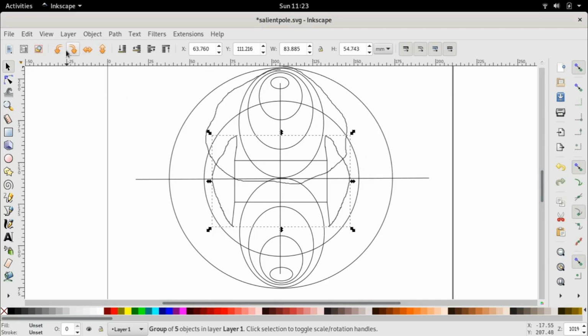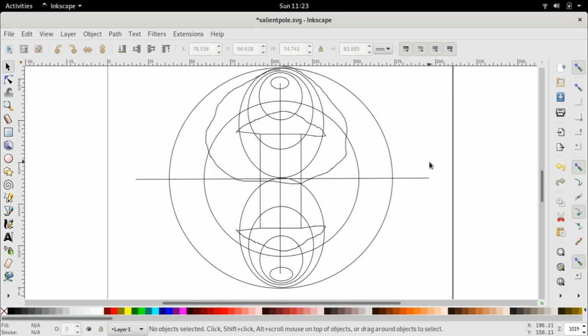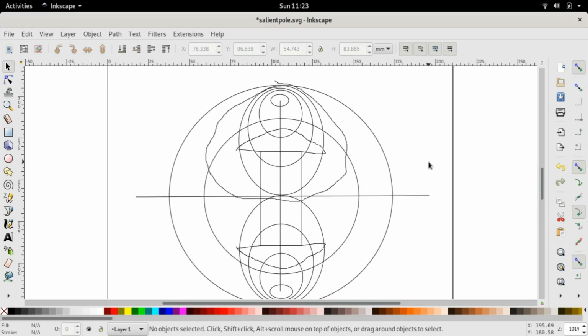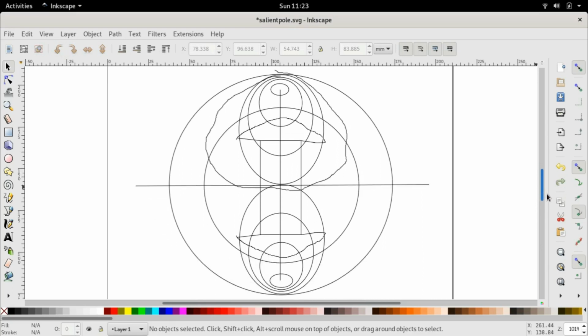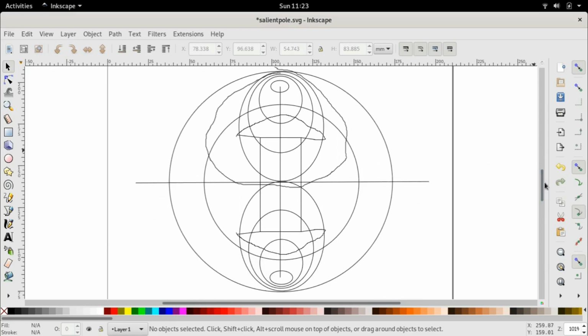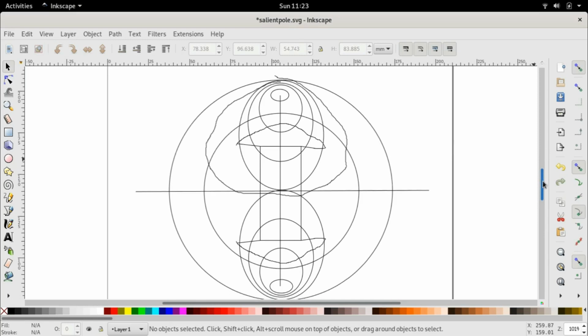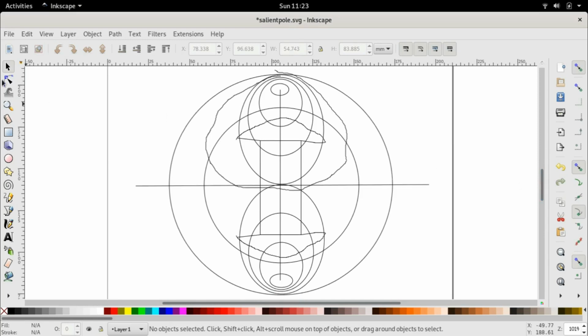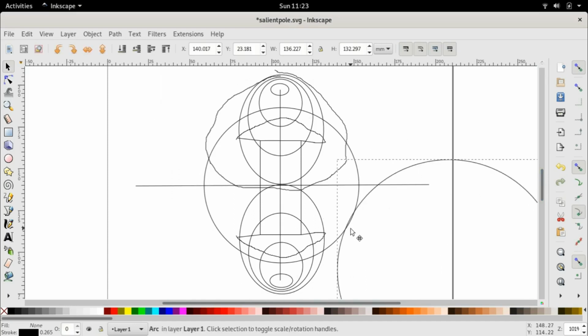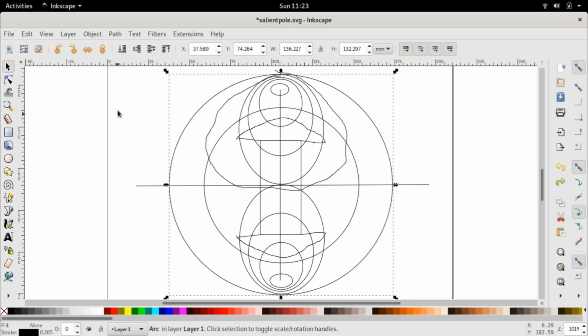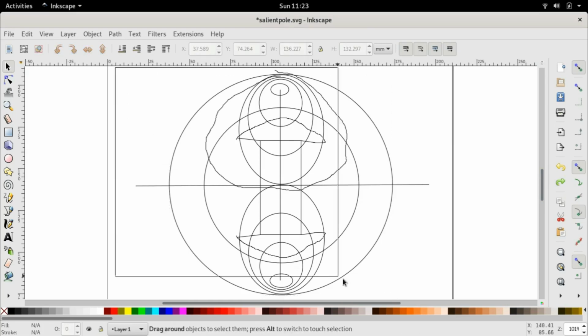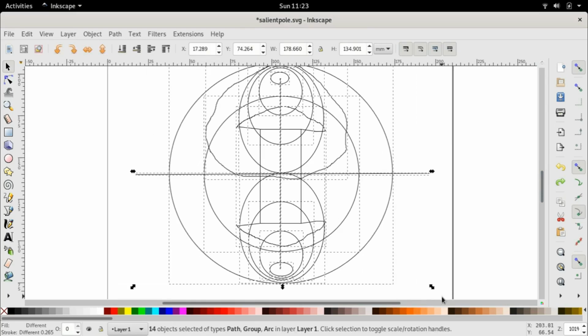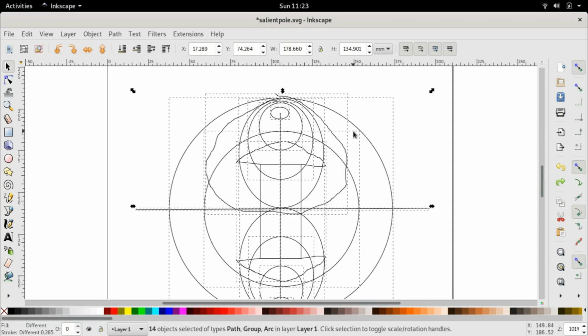So now let me just go back, and to continue this, we have to now copy this diagram. So let me just go and select it. So I will copy this. First I need to move it. So let me just move it up.